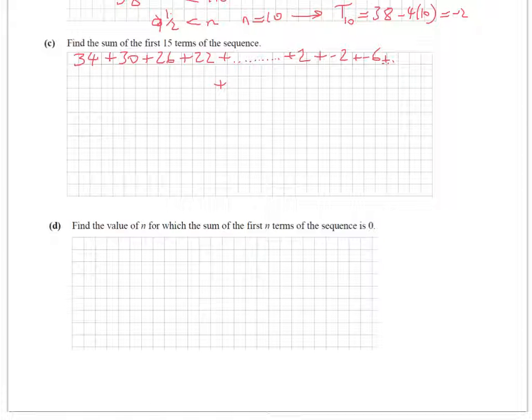So we end up minus 6, and then minus 10, and then minus 14, and then minus 18, and finally my 15th term is minus 22, because that was the 10th, 11th, 12th, 13th, 14th, 15th. I mean, literally you just count them all. Count them all up, add them all up, and you get the answer of 90.